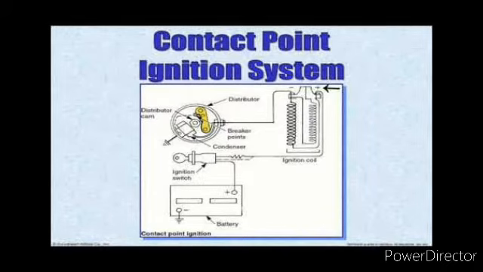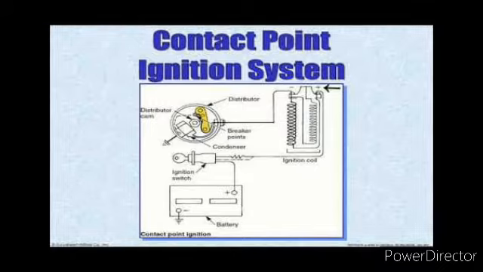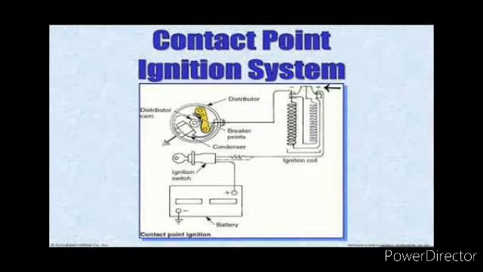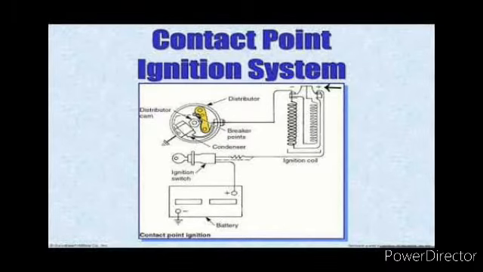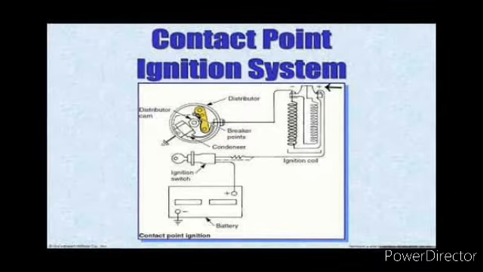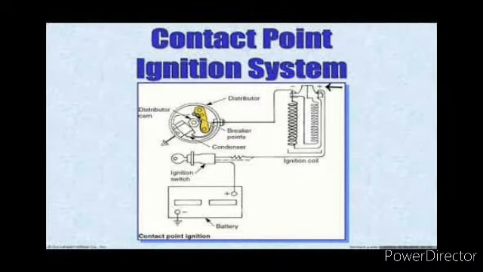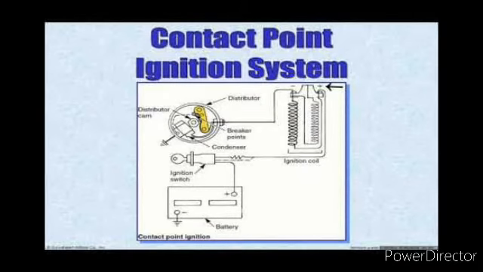With the distributor operating at one-half of engine speed and with only one cam lobe for each engine cylinder, each spark plug only fires once during a complete revolution of the distributor cam. To ensure that the contact points are closed for a set time, point dwell, also known as cam angle, is set by using a dwell meter.